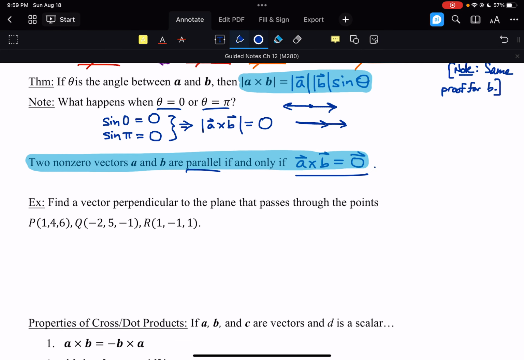So for this example, it says find a vector perpendicular to the plane that passes through these 3 points. So we know that these 3 points exist in a plane. Somewhere out in space, there's this plane, and there's 3 points on it, P, Q, and R. And we want to find a vector that is perpendicular to the plane.